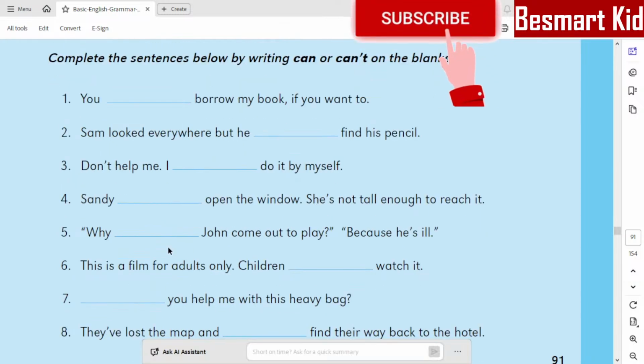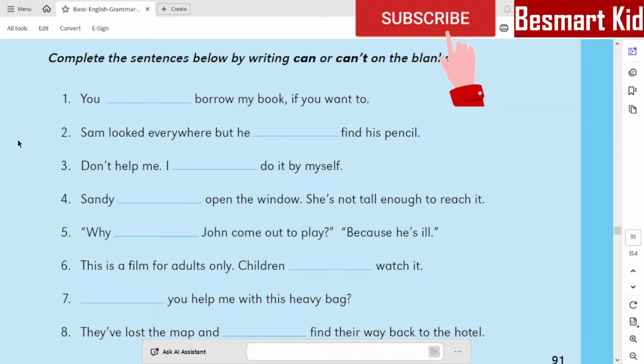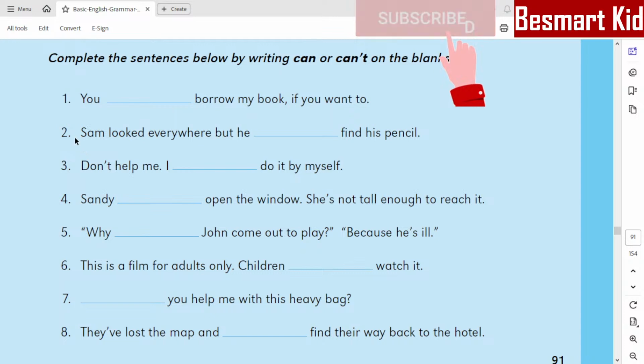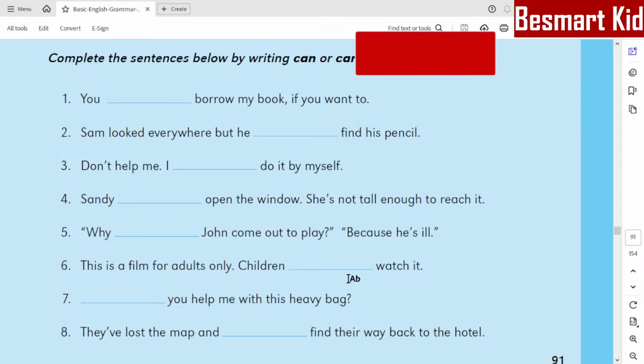So here, I'm going to give you an example. This is question number 6. So the question says, this is a film for adults only. The children dash watch it.